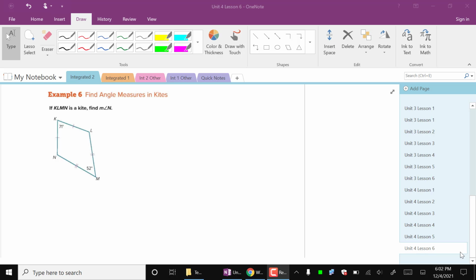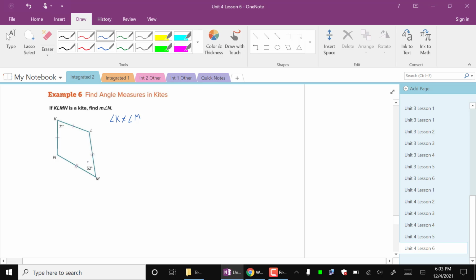So we know from Theorem 2.6 angle K does not equal angle M. And if we look here, K is 71, M is 52. So we know those two angles are not equal to each other.